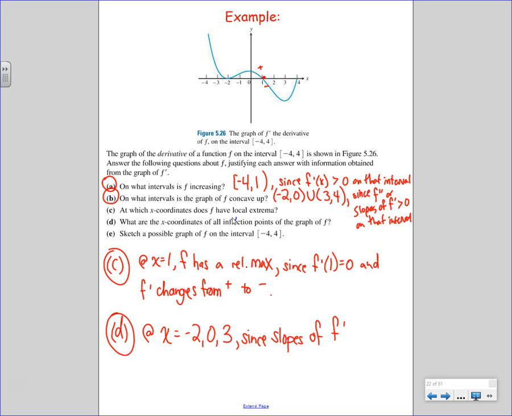Slopes don't change from increasing to decreasing. The slopes will change. F prime changes from increasing to decreasing, which would be synonymous. So either F prime changes from increasing to decreasing and vice versa at those points, or the slopes of F prime change signs. Does that make sense?